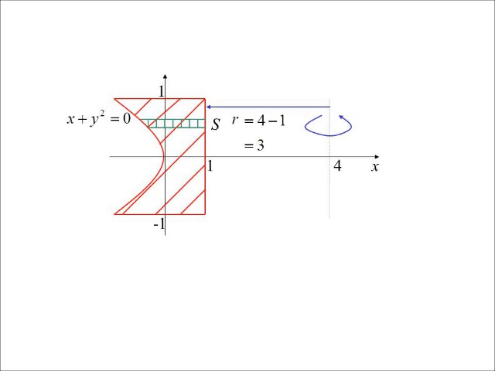So the outside radius, however, will be going from 4 to the parabola. Is that enough? No. So it's going to be 4 minus the x value here. Now, you'll notice it says 4 plus y squared, and I've said it's minus.